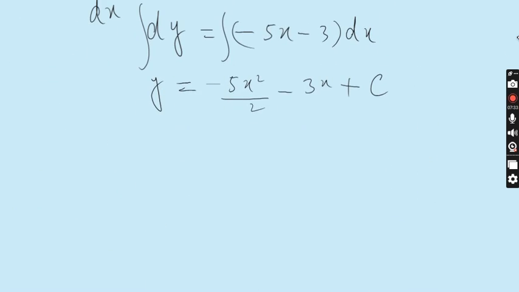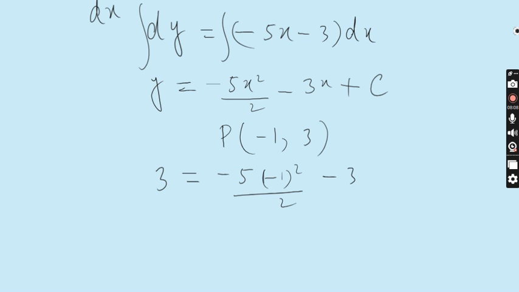So satisfy the curve by the given point P (-1, 3). So y is 3, equals -5 x², x is -1, squared, upon 2, minus 3 into -1, plus c.